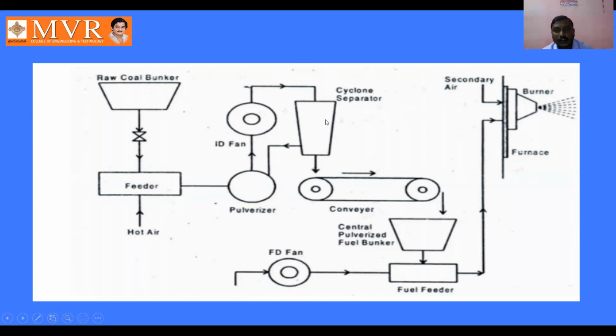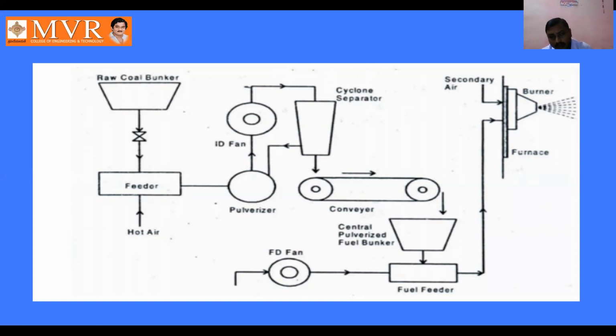In the cyclone separator, large pieces of coal are separated, and they pass again into the pulverizer mill for pulverizing. After pulverizing, through the ID fan it enters the burner here.